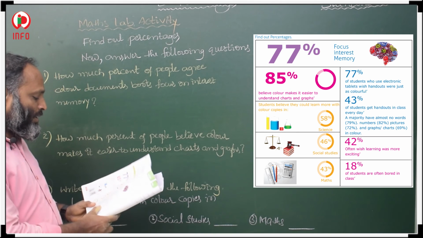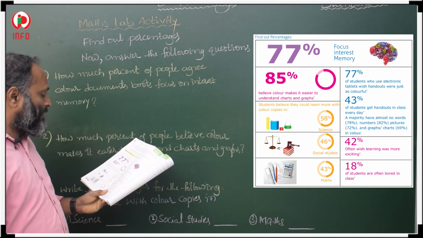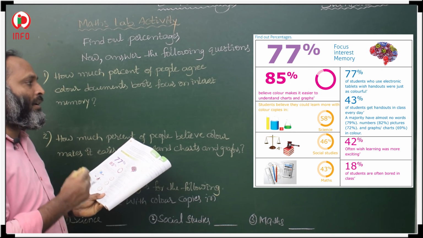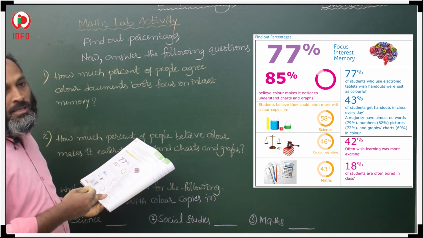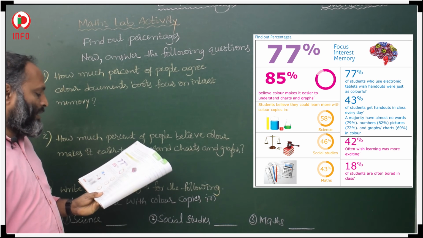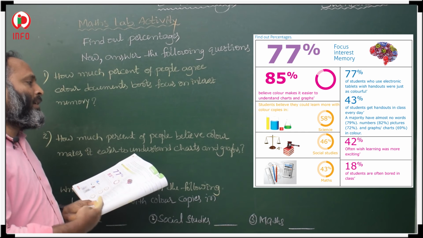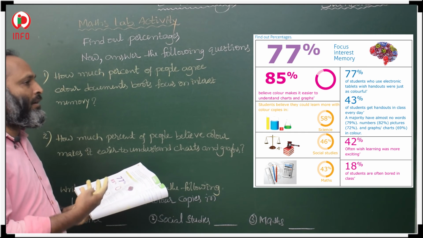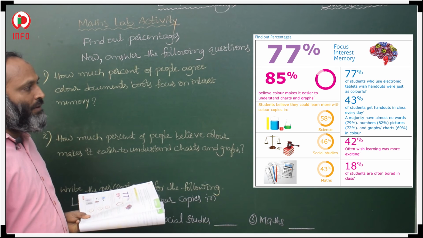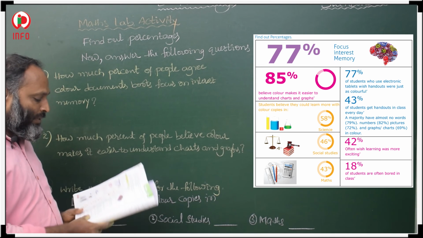In maths, 43% of the students believe color copies are more effective in learning. 58% believe color copies are very important to improve learning standards, and 46% believe they learn more with color copies. Okay.